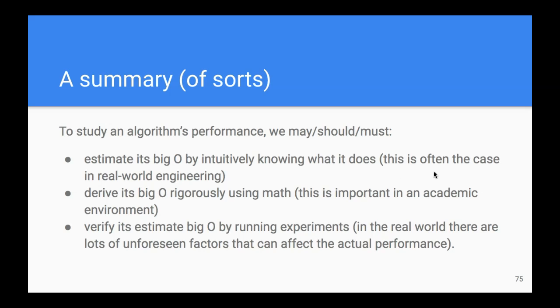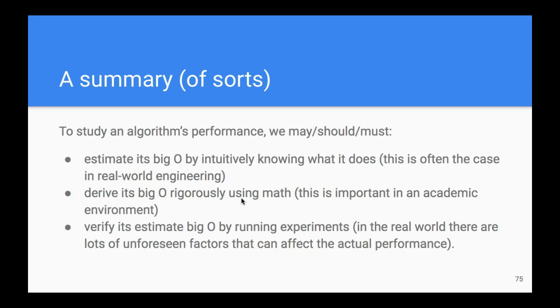This is very common in industry: you get an estimate of how well the code you write is going to perform. If you're in academia or research, you would use math to derive its big O more rigorously, like what we have done.